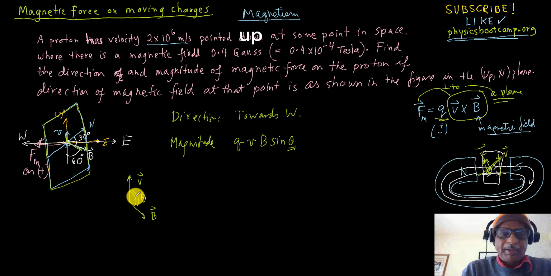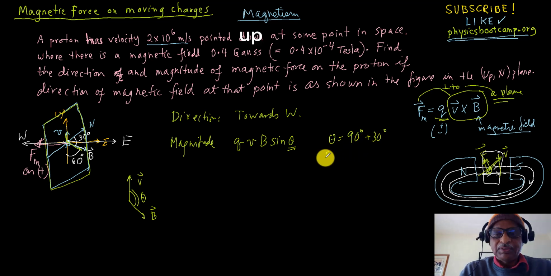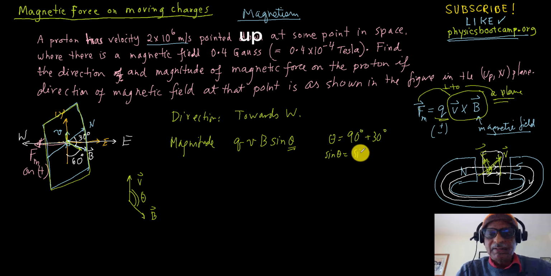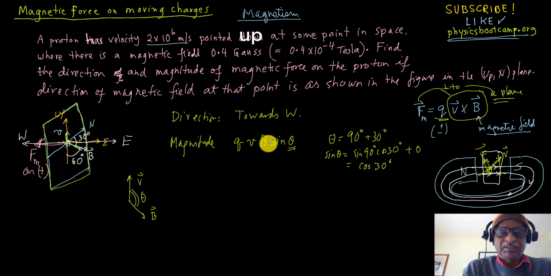So theta is 90 degrees plus 30 degrees. So sine theta is sine 90 degrees cosine 30 degrees plus cosine 90 degrees sine 30 degrees, and cosine 90 degrees is 0. So this is the same as cosine 30 degrees.